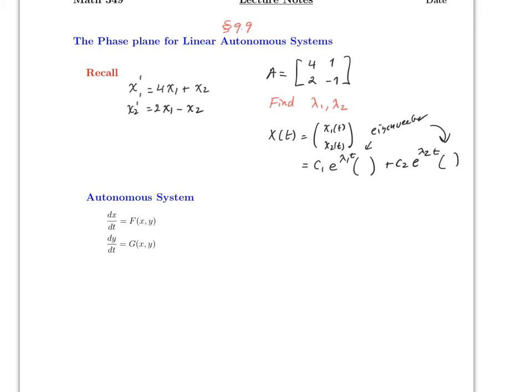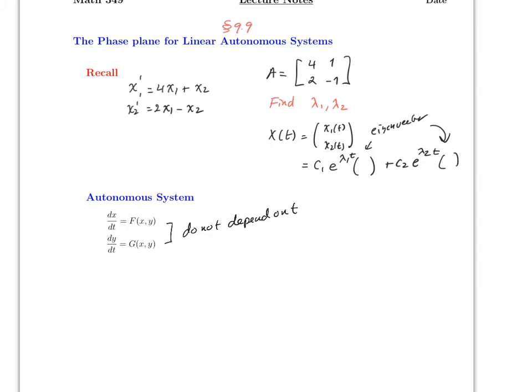The extra thing is that we're going to analyze what the eigenvalues are actually doing to the system, and we're going to focus on a very specific type of system of equations, which is called an autonomous system. An autonomous system looks like this, pretty much the same as this right here, because this is technically x1 prime, it could be x2 prime, where these functions do not depend on t.